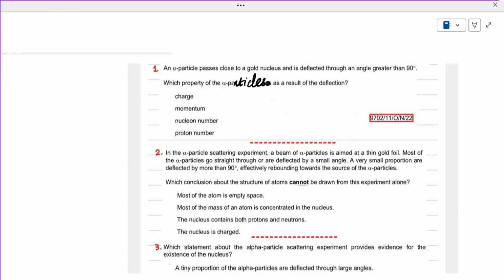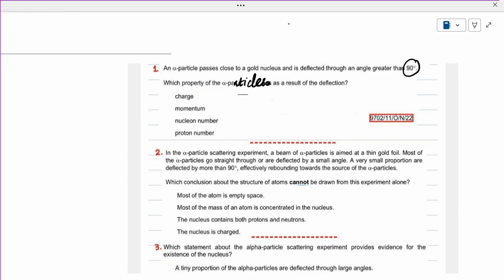Here it is misprinted; it is basically alpha particles. The particles which were deflected were very few.